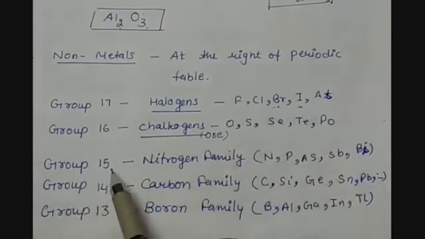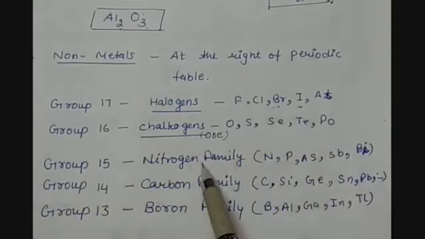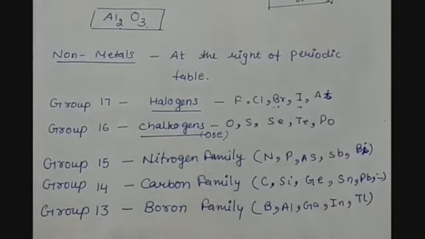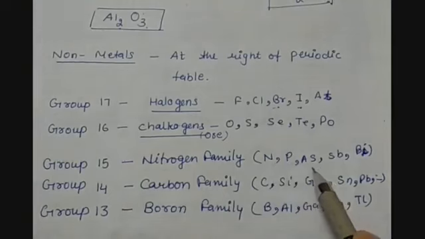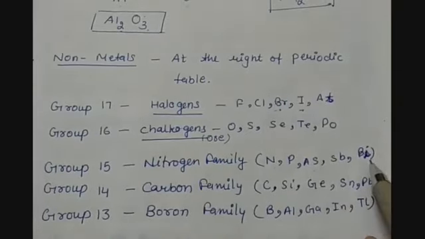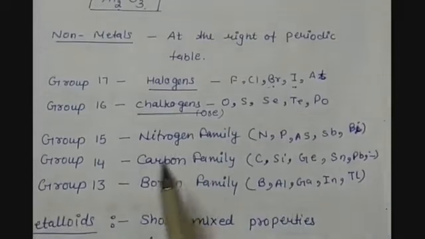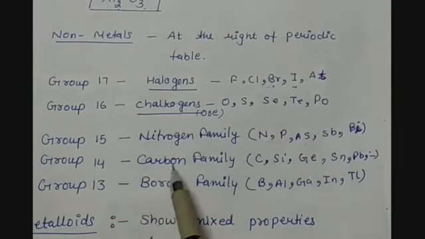In group number 15, as nitrogen is the first element of this group, nitrogen is the one that represents this complete group, and that is why this is called the nitrogen family, under which nitrogen, phosphorus, arsenic, antimony and bismuth. So these are the nitrogen family members. Then we have group number 14, that is known as carbon family.